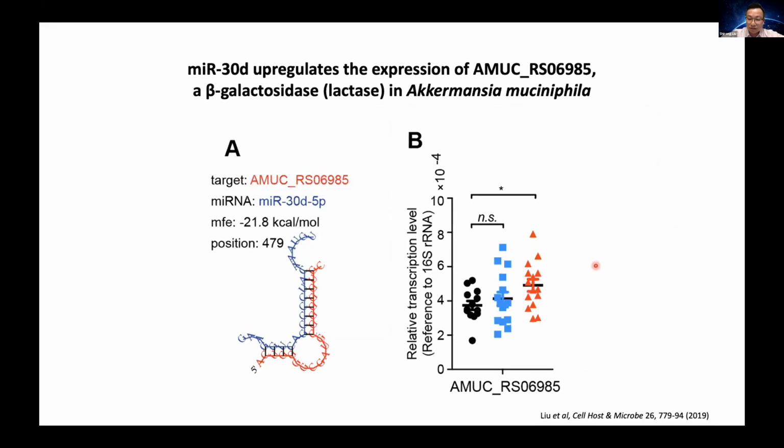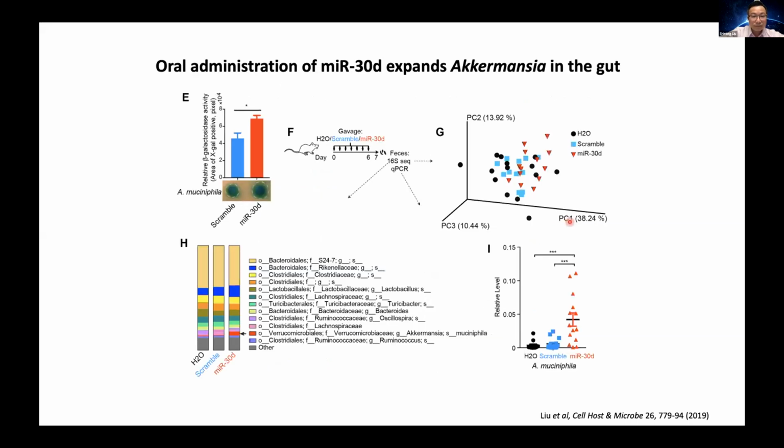As we show here through the qPCR, it does upregulate the gene expression of this particular gene. And when we culture this Akkermansia with miR30, it can increase the abundance of Akkermansia.